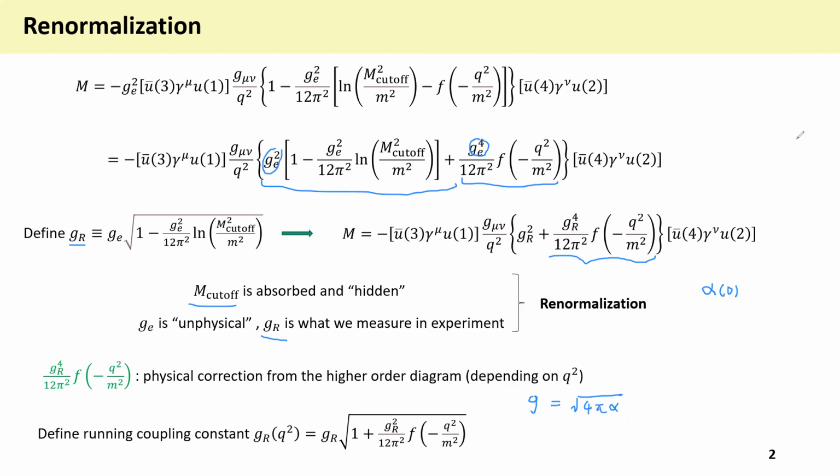You can imagine the two charges are very far away, so they don't exchange any photon. In this case, we say that the two charges are fully screened, and this will be 1/137.